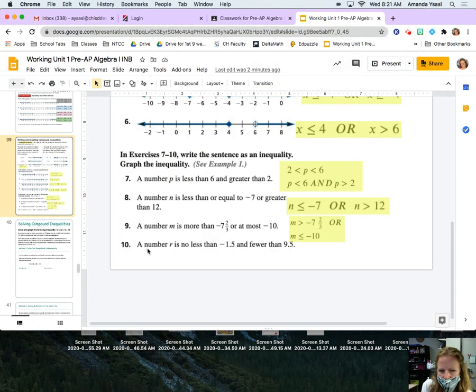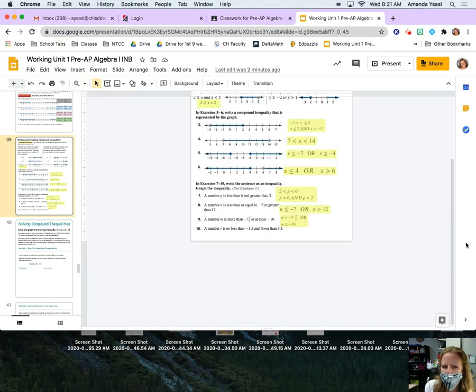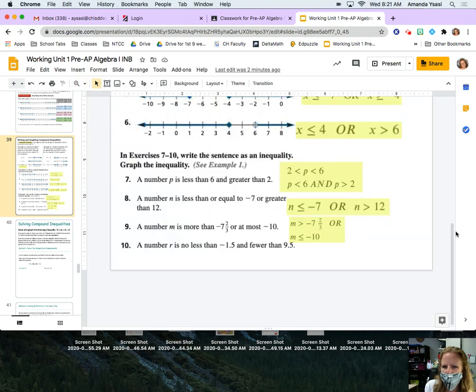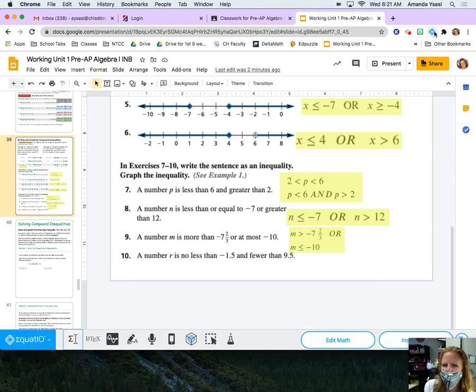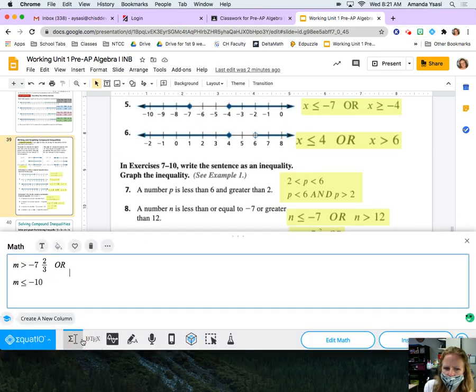Okay, the next one, last one. A number R is no less than negative 1.5 and fewer than 9.5. So how can we write that?